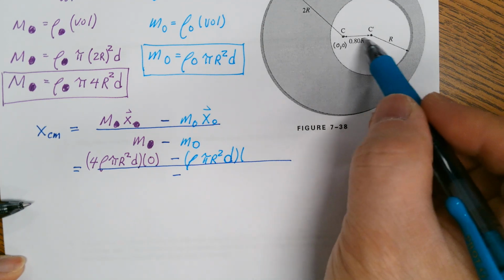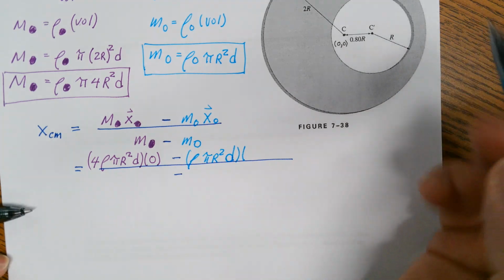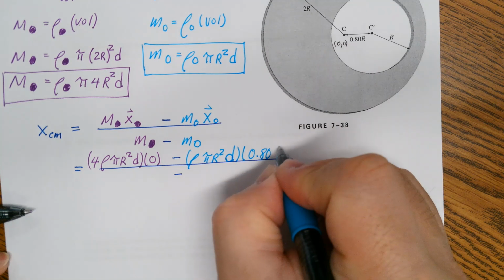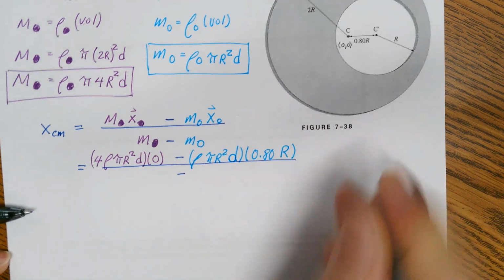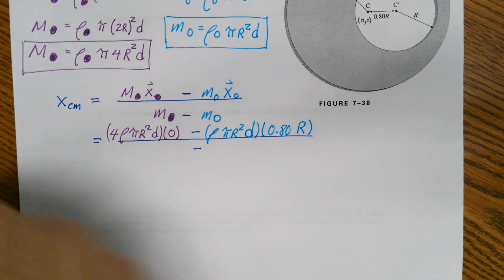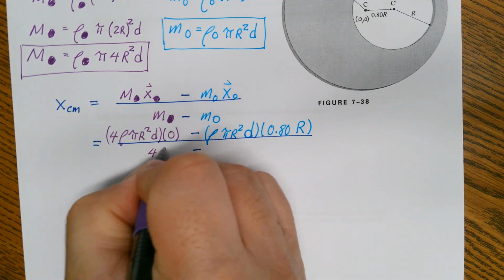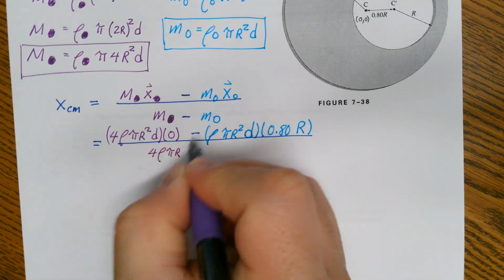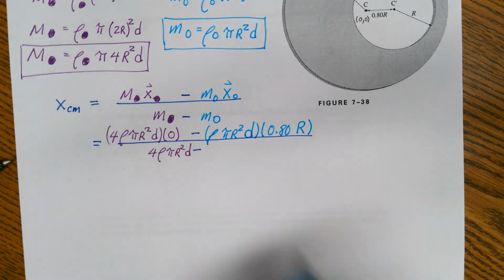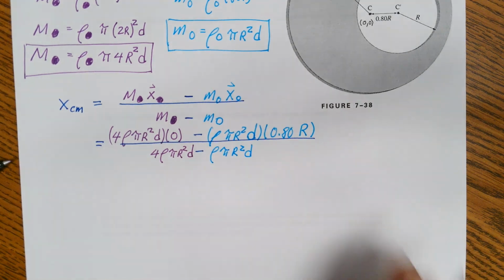So it's positive 0.8r. So now the denominator: the mass of the solid is 4 rho pi r squared d, minus rho pi r squared d.